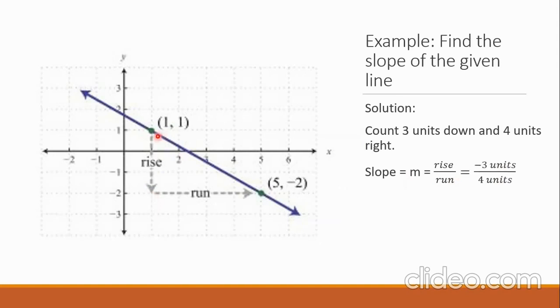From the point (1, 1), we are going to rise, but this is going down, so we put negative 3. We are going down 3 units and then 4 units to the right till we reach the point (5, -2). So we have here the ratio, negative 3 over 4. This is the slope.